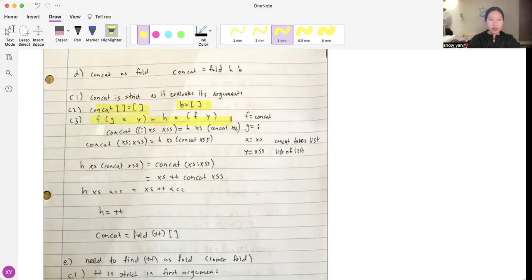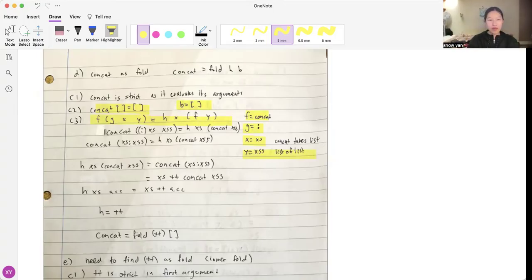So inside here, our f is concat, our g is the cons, our x is technically an excess. We're going to write it as excess because concat takes a list as argument rather than a single element. And the same idea, y before would have been the list, now it's a list of lists.